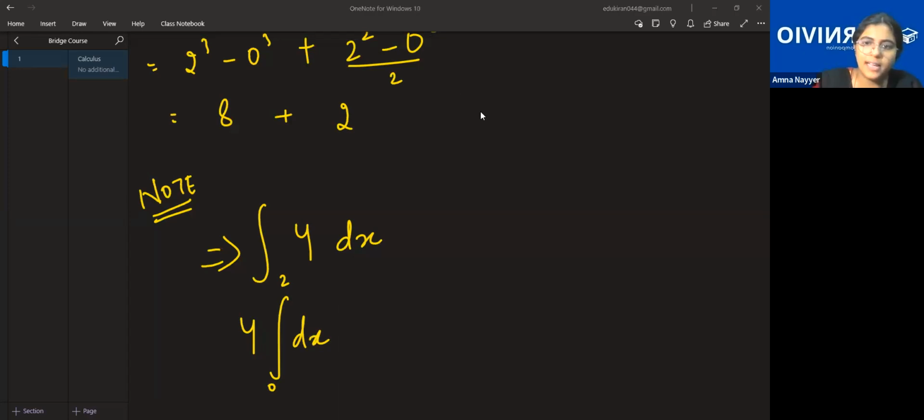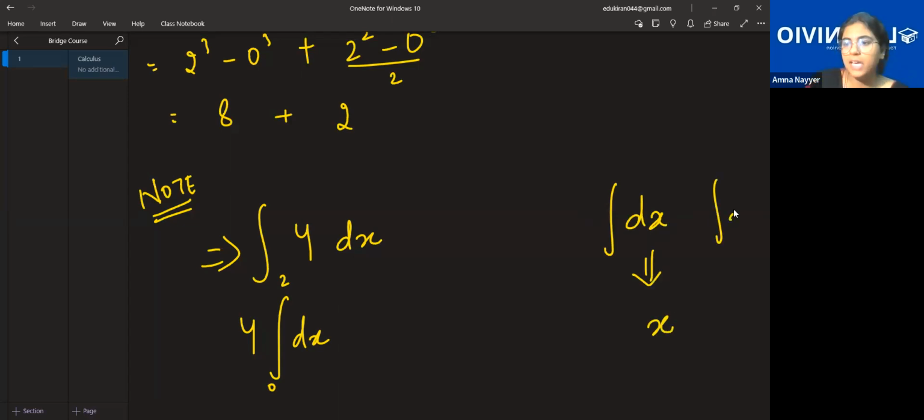Yahya has answered the second part. Let's check. I think it's correct. So here it was not just 4 mentioned. You have to integrate 4. You were not getting 4 somewhere in the answer. In integration, this is the difference. Had it been differentiation, directly your answer would have been 0. Right? Directly your answer would have been 0.